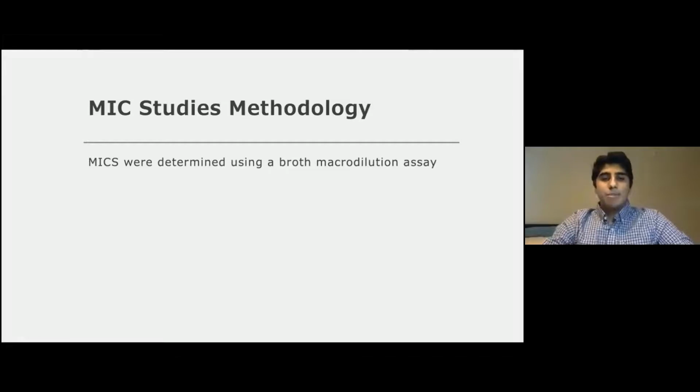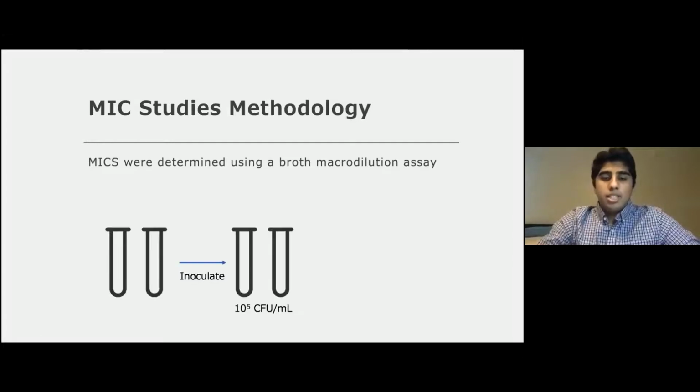But back to the MICs themselves. I did this using a broth microdilution assay. I first inoculated bacteria so that they grew to about 10 to the 5th CFU per milliliter in a particular broth that we use to grow mycobacteria. I then added varying amounts of protominid and delaminid to each of these test tubes, in triplicates.